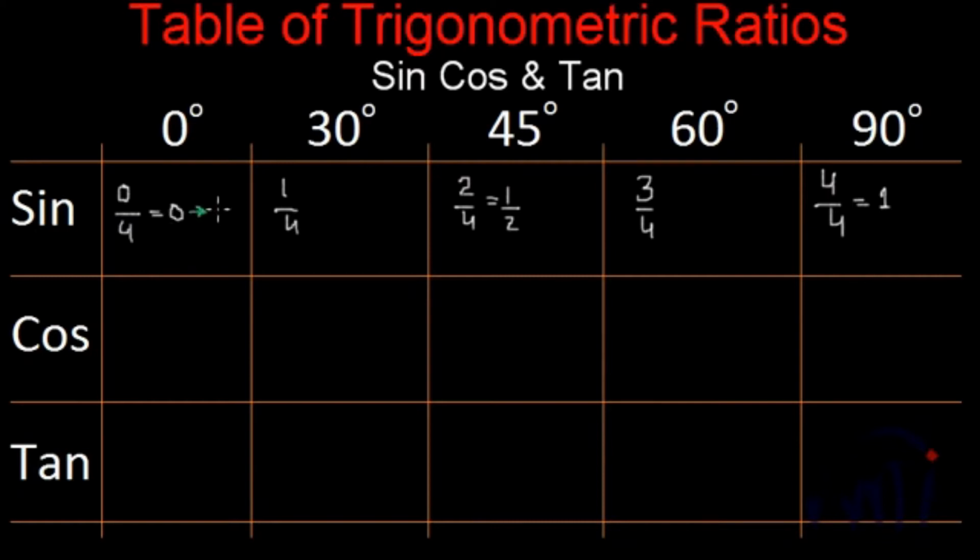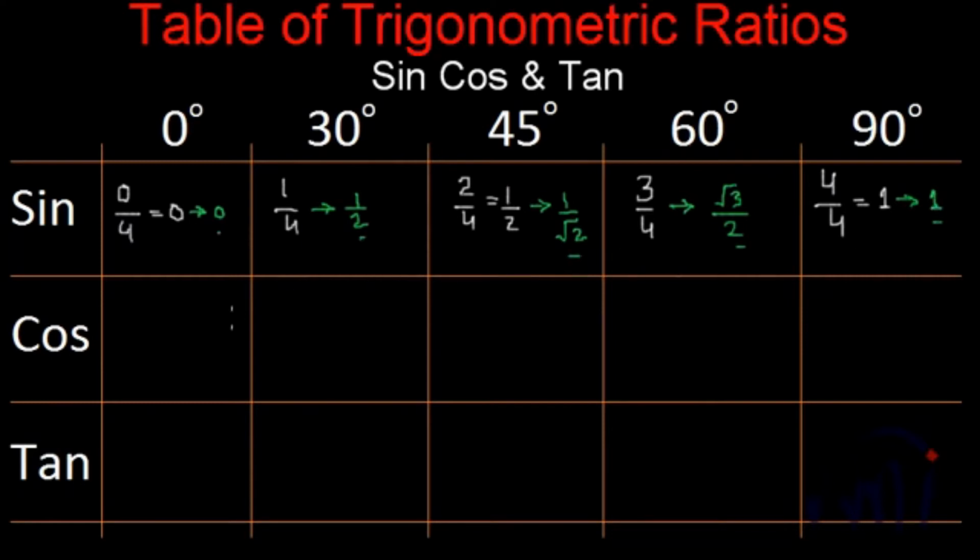Square root of 0, 0 again. Square root of 1 by 4, 1 by 2. If I take square root of 1 by 2, I'll get 1 by root 2. And if I take square root of 3 by 4, I'll get root 3 in the numerator and 2 in the denominator, and square root of 1 is 1. These values written in green are actually the values of sine.